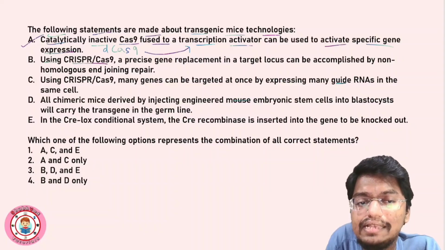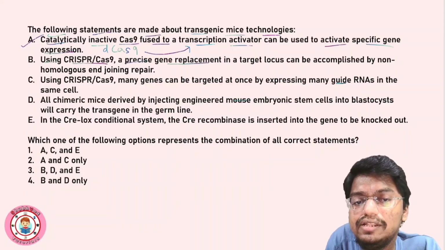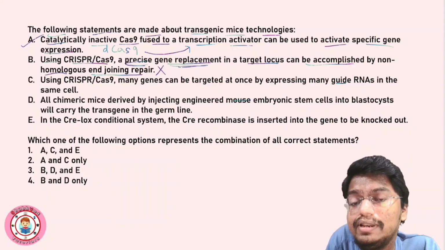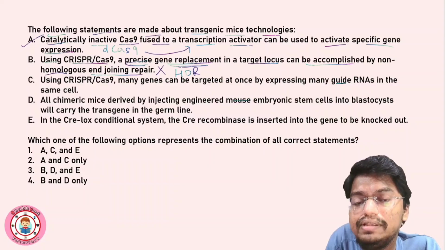Using CRISPR-Cas9, a precise gene replacement in a target locus can be accomplished by non-homologous end joining repair. Wrong. Precise gene replacement is not possible by non-homologous end joining. The other pathway, homology directed repair, allows precise gene replacement.